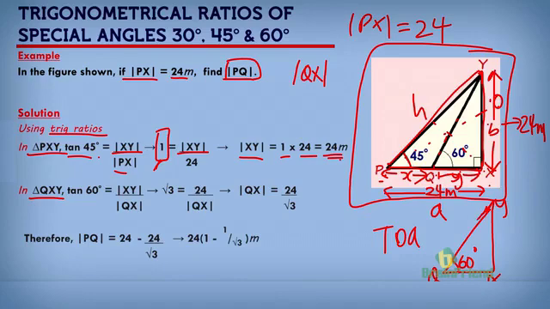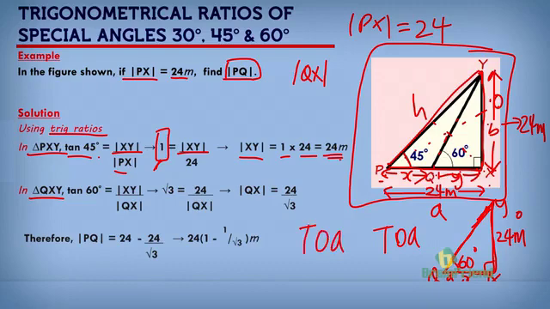So there's a triangle within the triangle. The sides in play are this side here. Let's name that X. And of course, our side here, which we've calculated to be 24 meters. So we have our opposite side, which is 24, and our adjacent side, which we just call X. Opposite and adjacent.